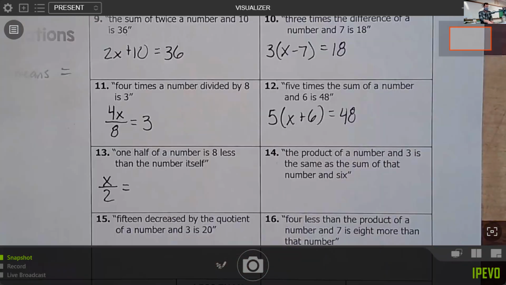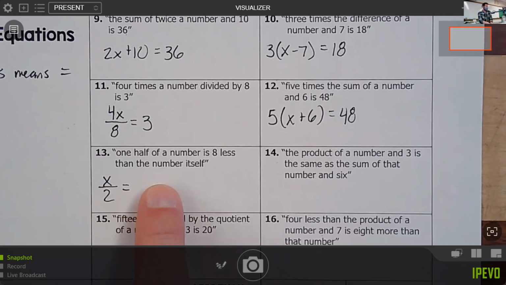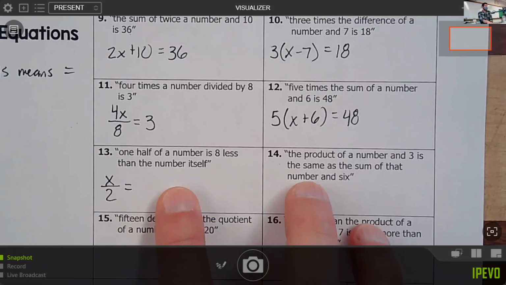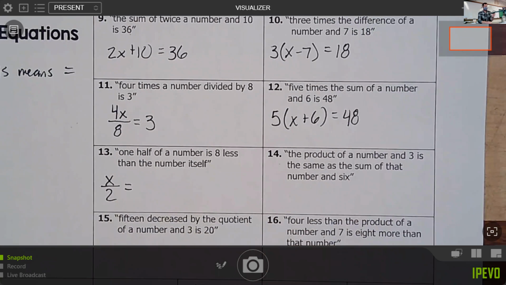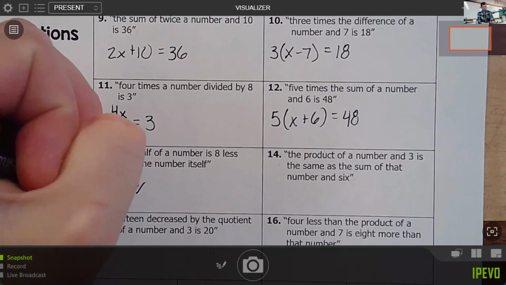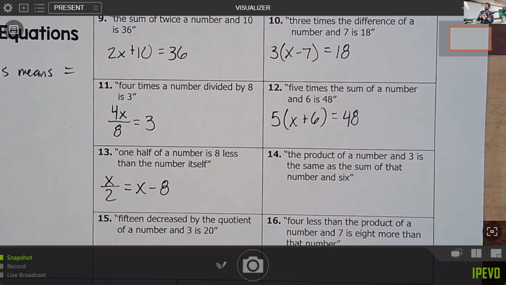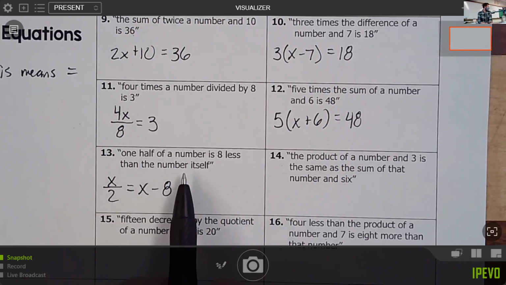So 8 less than the number itself is x minus 8, because we're switching around the order of those words there. So this one, we've got the variable that shows up twice. I think that one had a lot packed in.